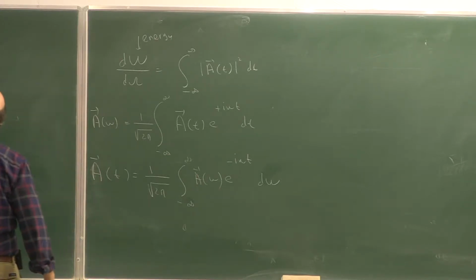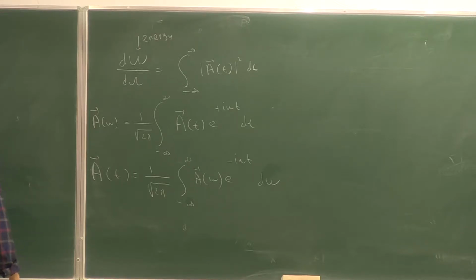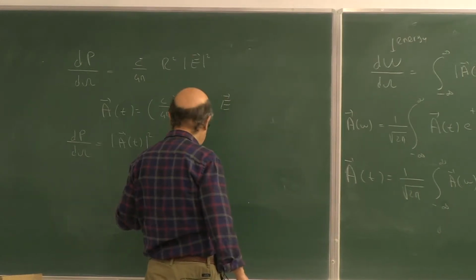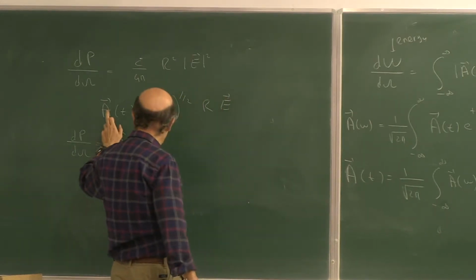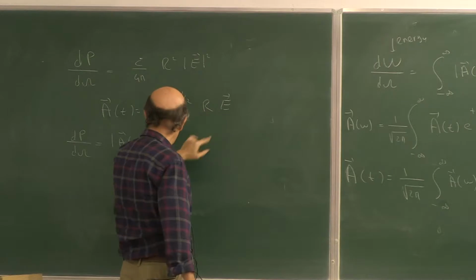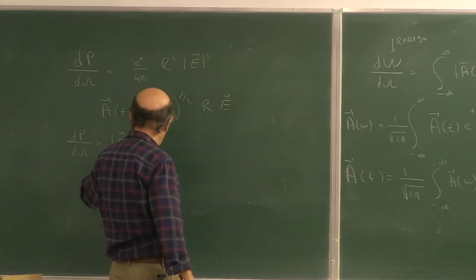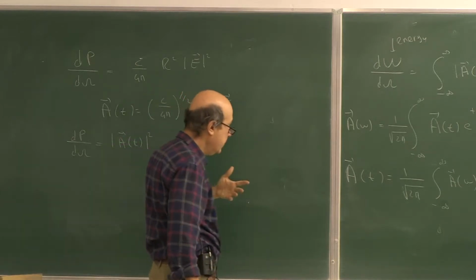Our aim is the following: we have the power emitted per solid angle in the original definition, and that is related with the electric field, and the electric field depends on time in general. Basically, if I call the A vector this, the power emitted per solid angle could be written as the absolute square of A of t.